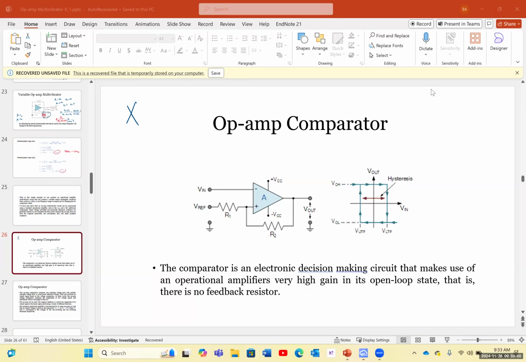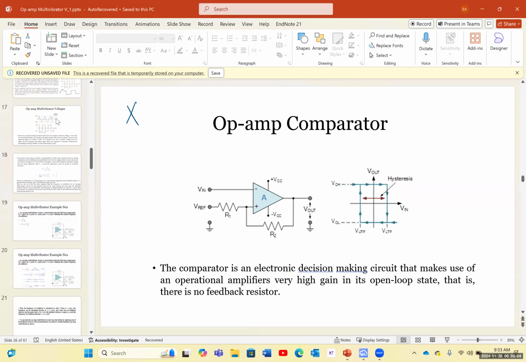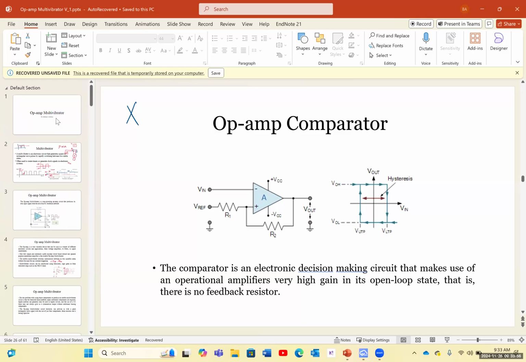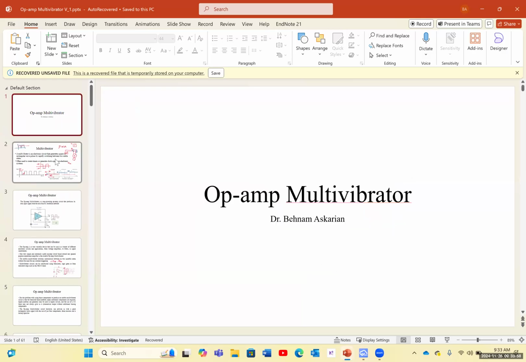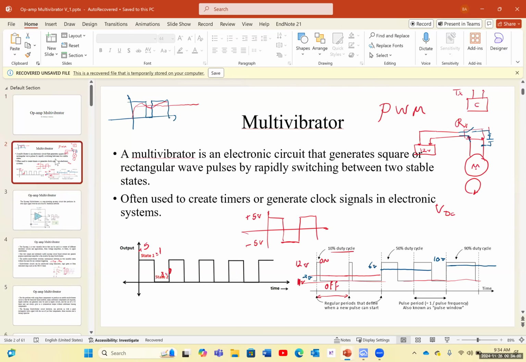In the previous class, we started op-amp multivibrators. Op-amp multivibrators are the type of op-amps that generate pulsating signals. Usually they are used for clocks and digital systems, or in applications called pulse width modulation or PWM.